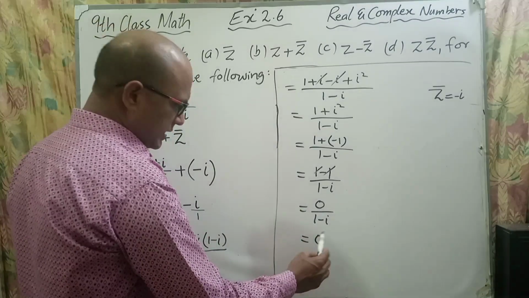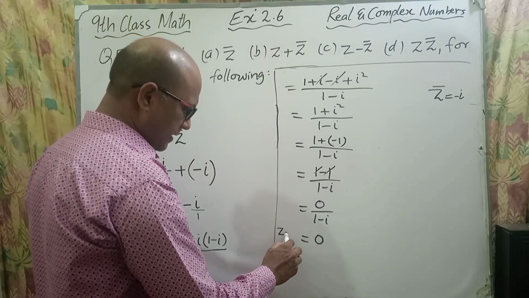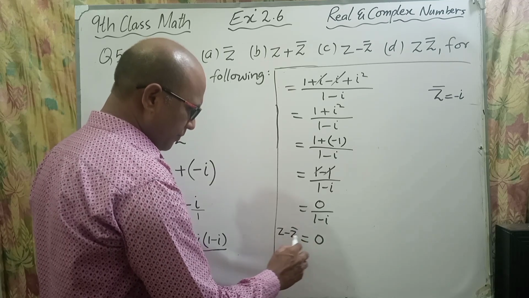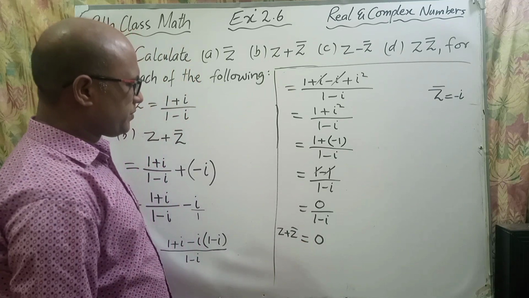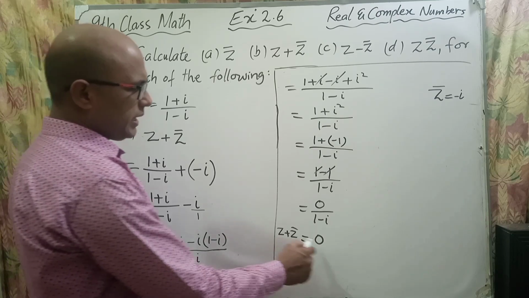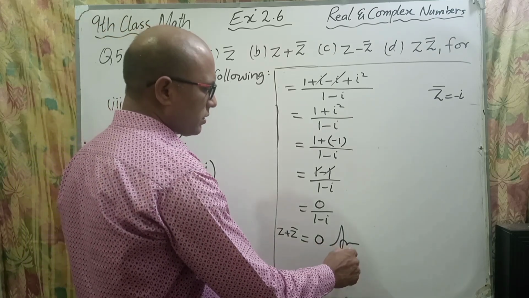So the answer of this Z plus Z bar is equal to 0.